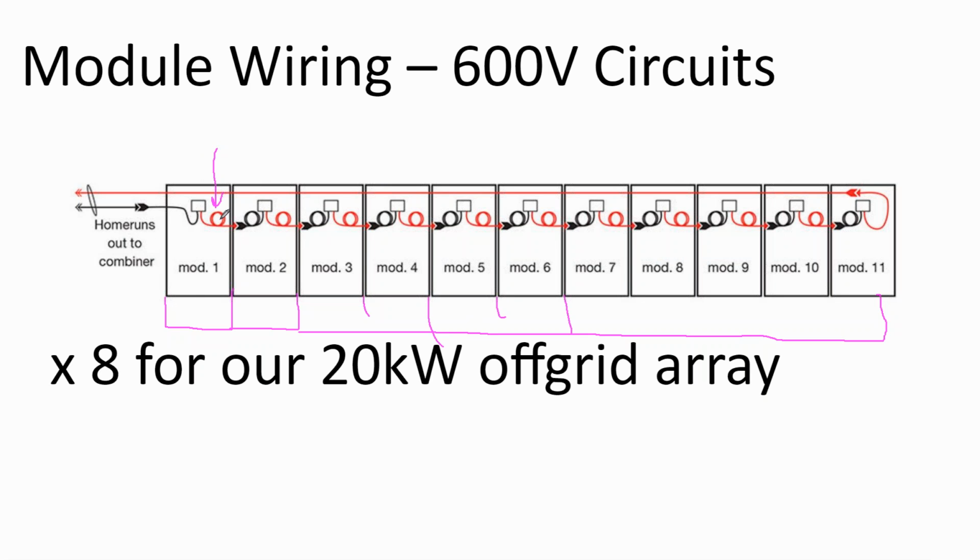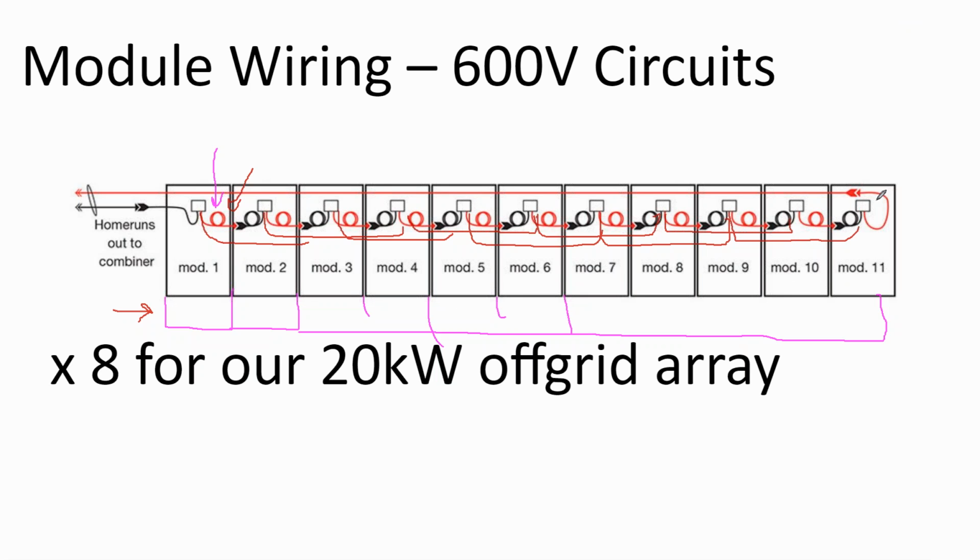What installers have discovered is that instead of having all this extra slack, what you can do with your module whips when you use 72 cell modules is not plug into your next door neighbor, but go all the way across into the adjacent module and go every other, and then you get to the end and you come back.